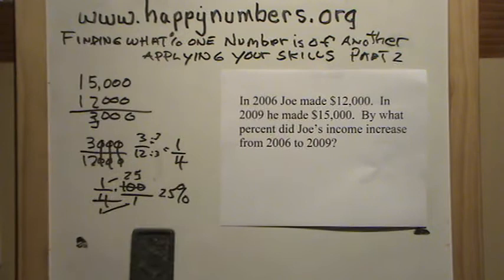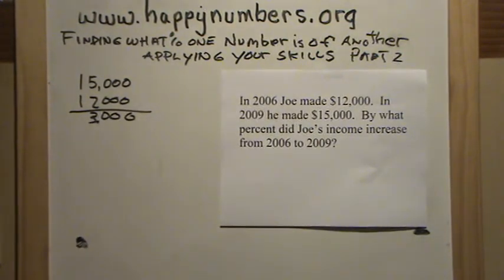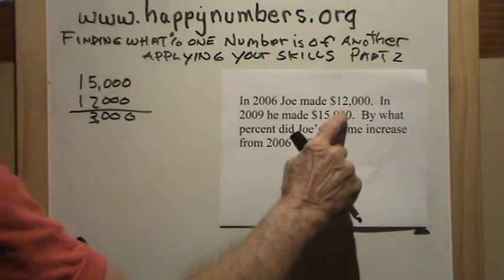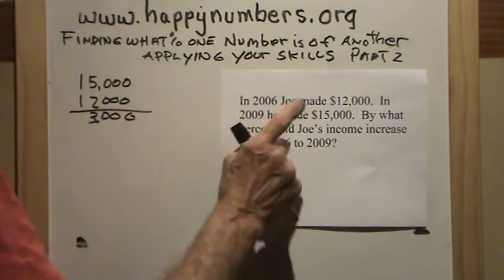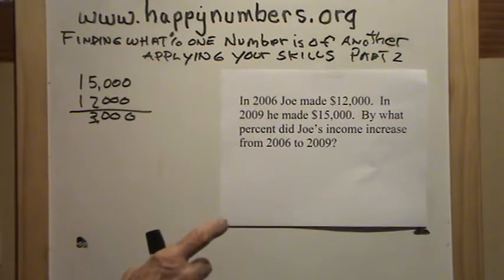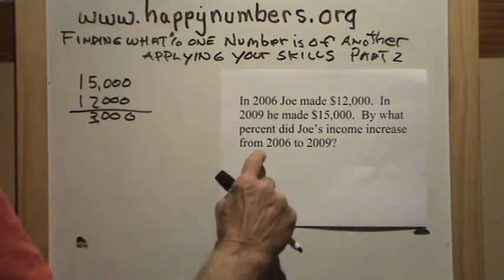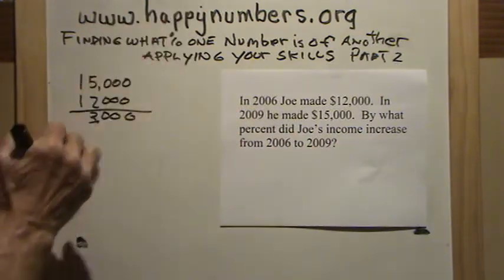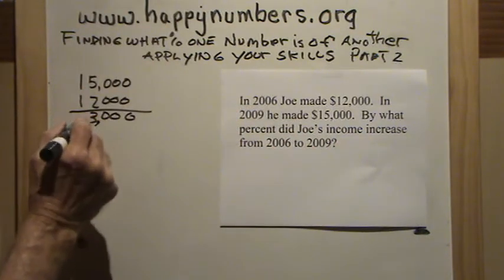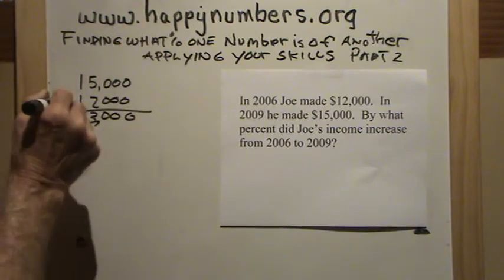Let's review this again. He made $12,000 in 2006 and his income increased to $15,000 in 2009, and they want to know by what percent his income increased. So the first step is we have to find out the increase. We found the increase was $3,000 because we subtracted.